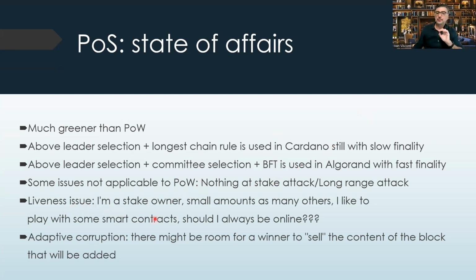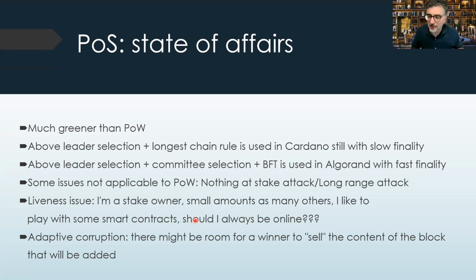Liveness issue. I am a stake owner. I have some money, small amounts, as many others. I like to play with some smart contracts. That's the reason why I have it. Why should I now be part of this consensus, run this function and do the work of a validator of the blockchain to produce a block? I have no idea.